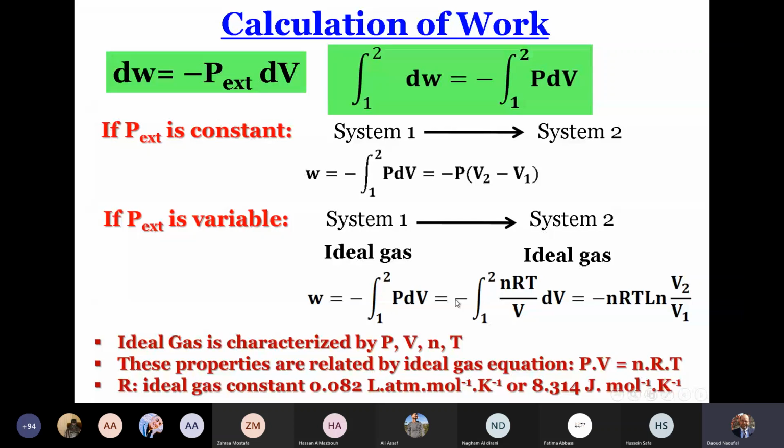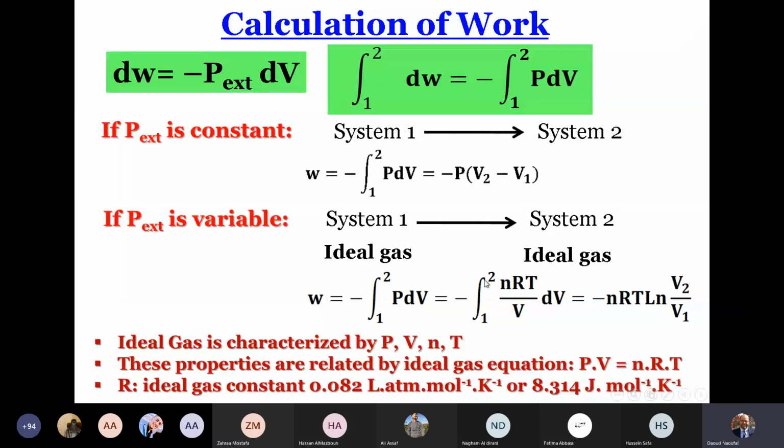The temperature: since we talk about two variables, pressure and volume, the two others should be constant. So n is constant, R is constant, and temperature is constant.